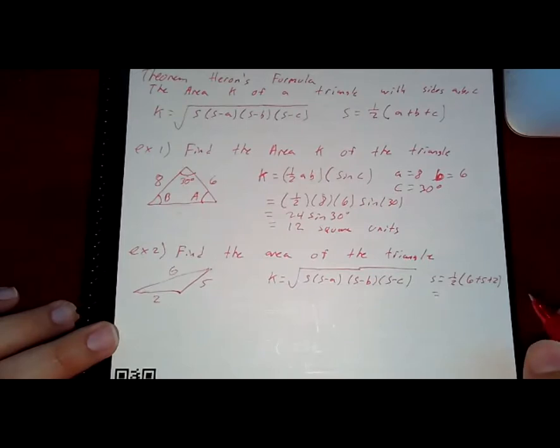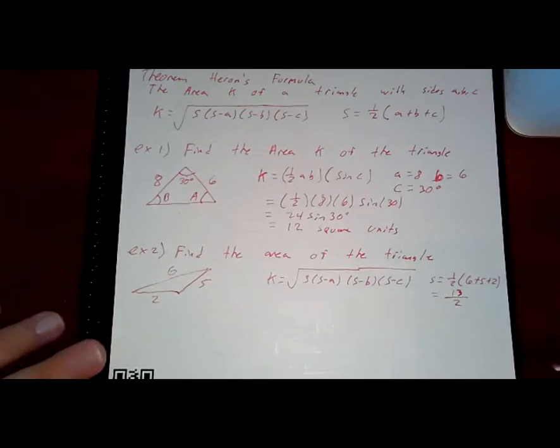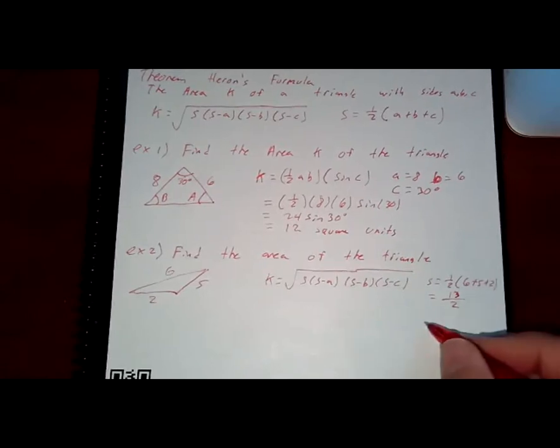where S is equal to 1/2 times 6 plus 5 plus 2. So that would be what? 6 plus 5 is 11, right? Plus 2, 13 halves, which is 6.5, right?